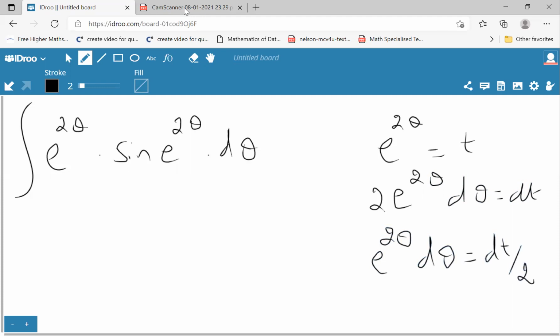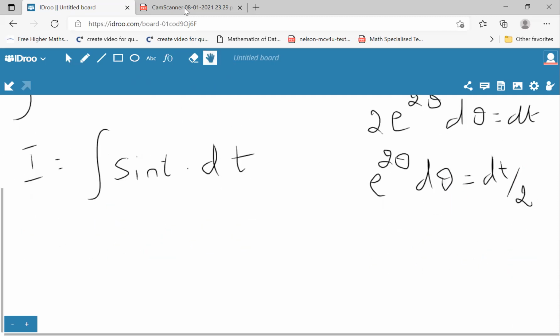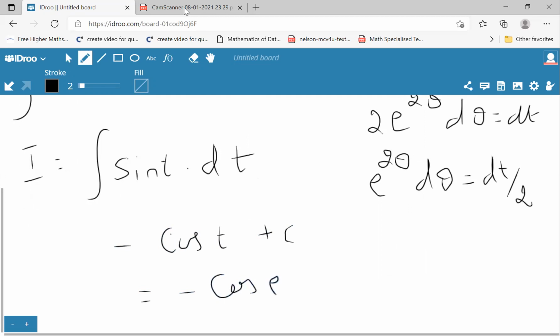So in the place of e to the power of 2 theta d theta, we can substitute dt by 2, and for sine e to the power of 2 theta, we can make it sine t. So now that reduces to I is equal to integration of sine t dt by 2. Now on integrating, integration of sine t is minus cos t, so minus cos t plus c, or substituting back for t, you get minus cos of e to the power of 2 theta plus c.